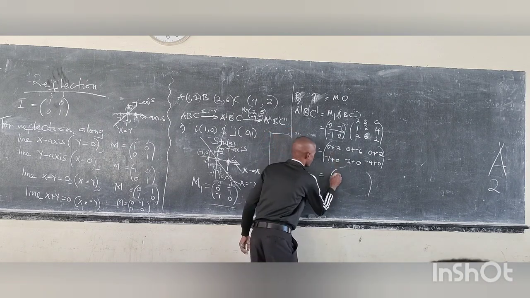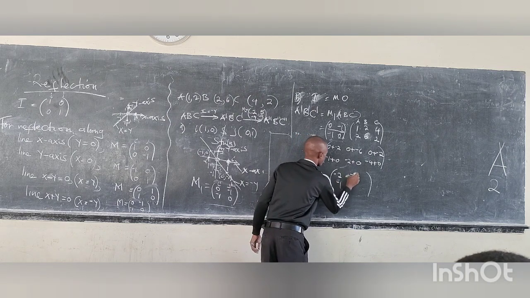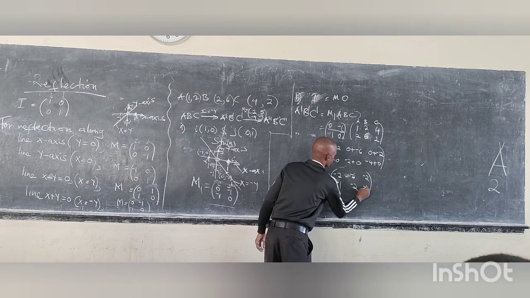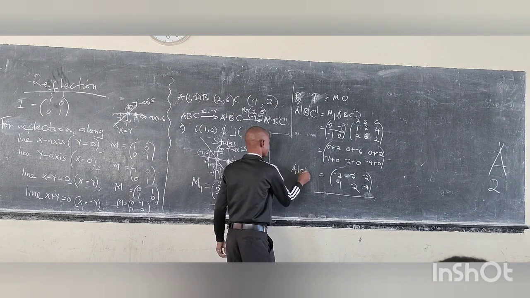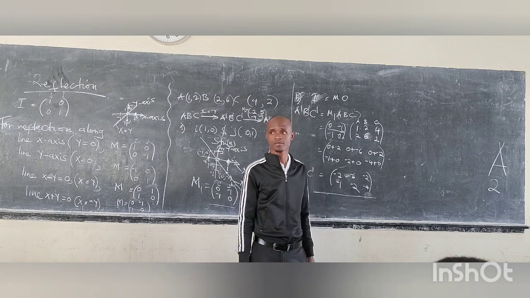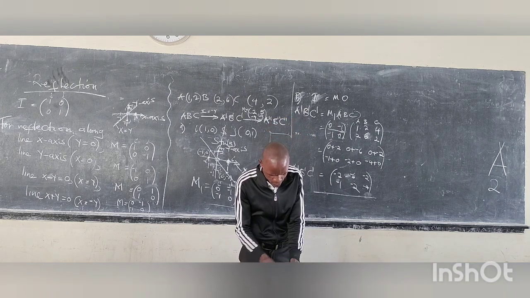Okay, this is negative 2, negative 1, negative 6, negative 2, negative 2, negative 4. That is how simple that number is. In 2 marks, you get your marks. Is it clear? Yes. In 2 minutes, you get all your marks.